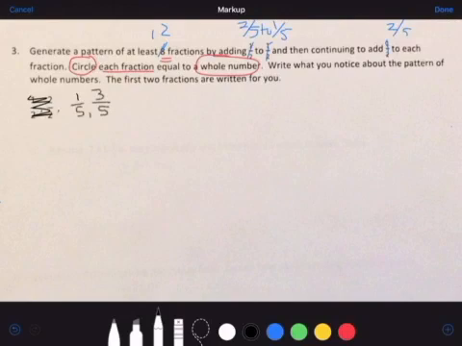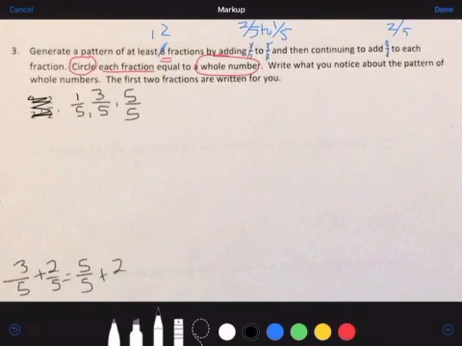So they had 1/5. They added 2/5, so they counted up from 1 to 3/5. And then I'm going to write down here so that we can continue from there. So we have 3/5 plus 2/5 equals 5/5. And so 5/5 goes up here.